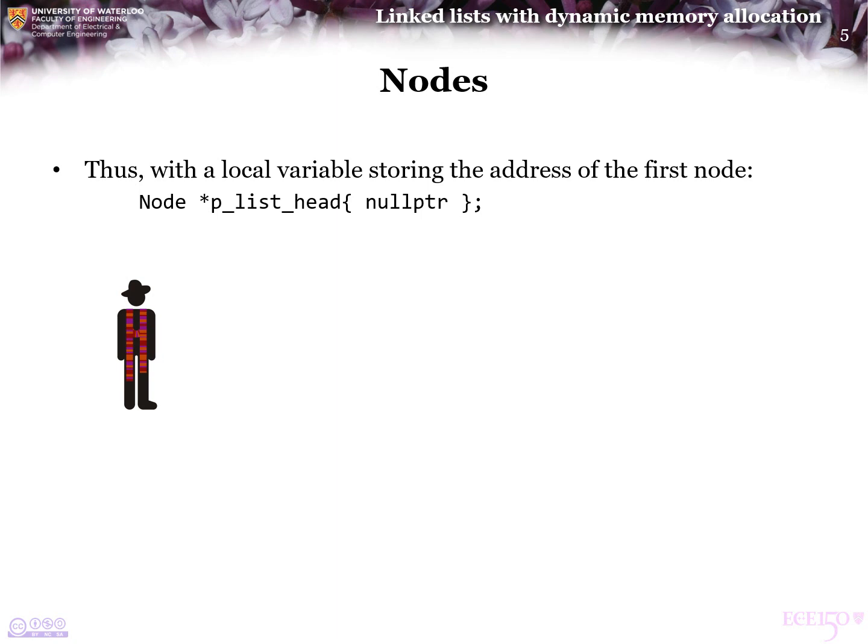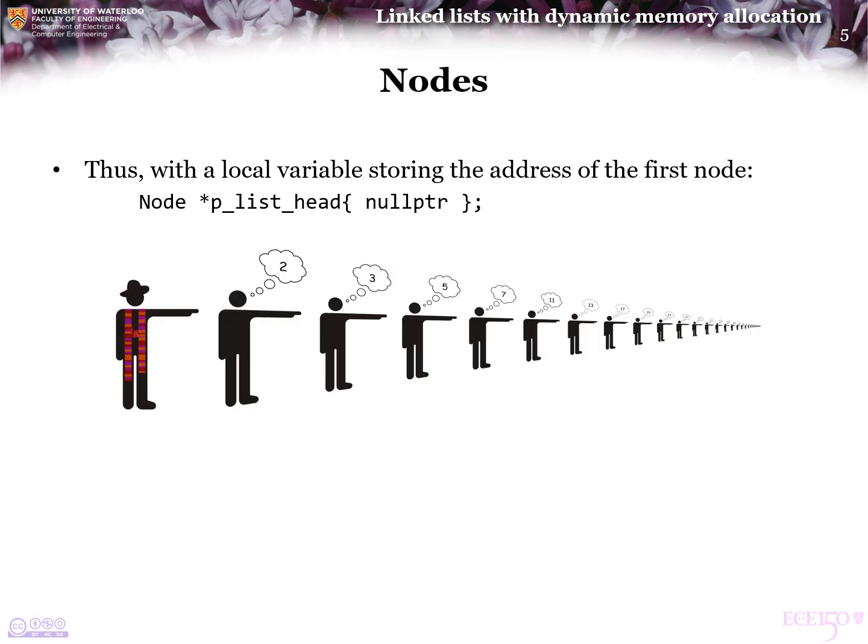Now, if every single node is storing an address instead of an index, then what we need is a local variable that stores the address of the first node. So here is that local variable. That local variable will be storing the address of the first node.